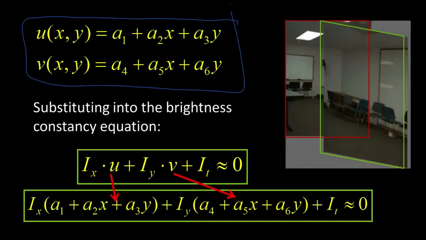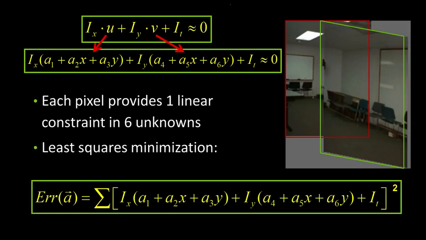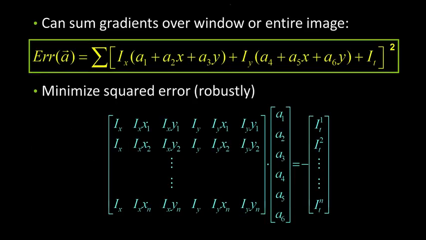So what we do is we take this equation. Each pixel provides one linear equation with 6 unknowns, so we're going to do that same least squares minimization we did for Lucas-Kanade, but now, instead of having a constant UV, those 2 unknowns over the window, we're going to use this linear model with 6 unknowns. And we do exactly the same thing we did before. It's going to be a minimized squared error, least squares, and that allows you to solve for that over that region.